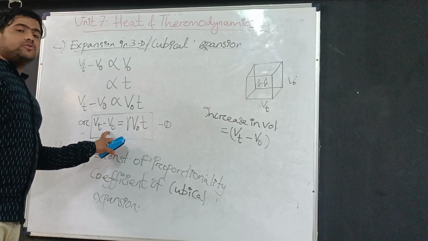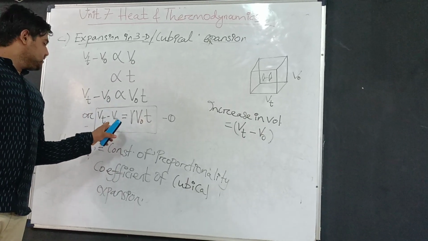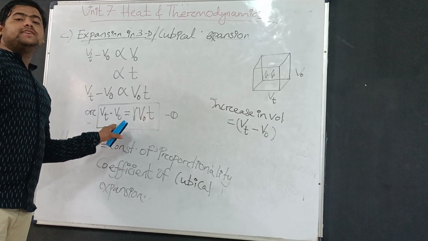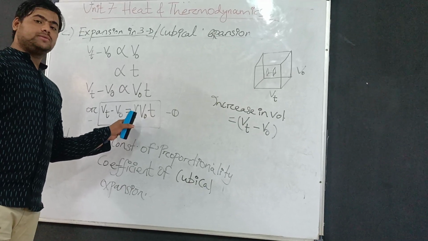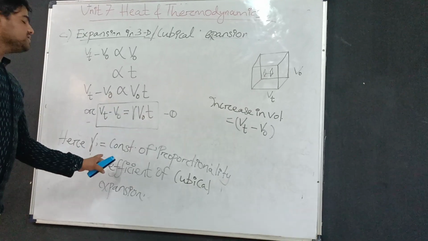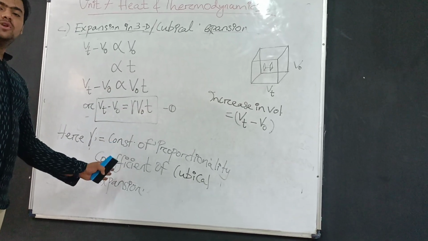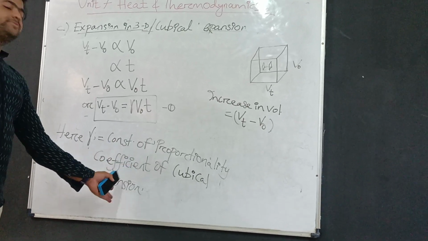So this equation 1 gives the expression for increase in volume after expansion. Now here gamma is a constant of proportionality which is known as coefficient of cubical expansion.